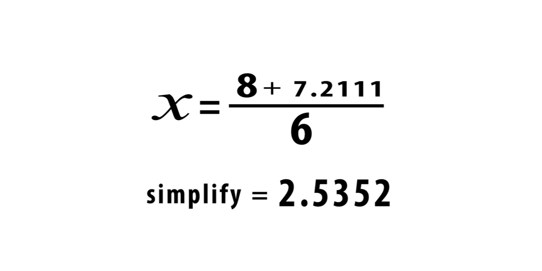The second value for x will be given by x is equal to 8 minus 7.2111 divided by 6. And that will give us x is equal to 0.1315. Good.